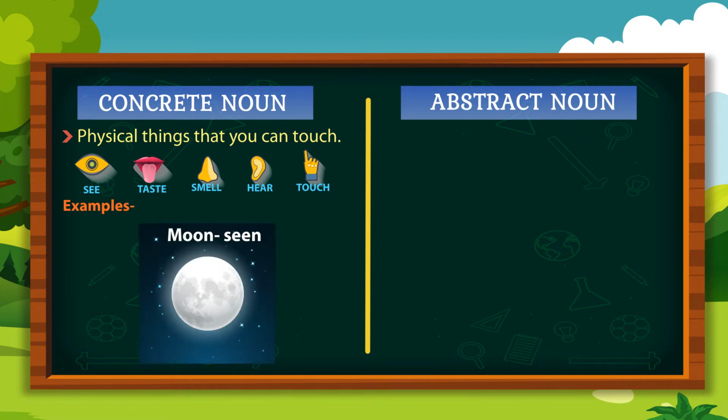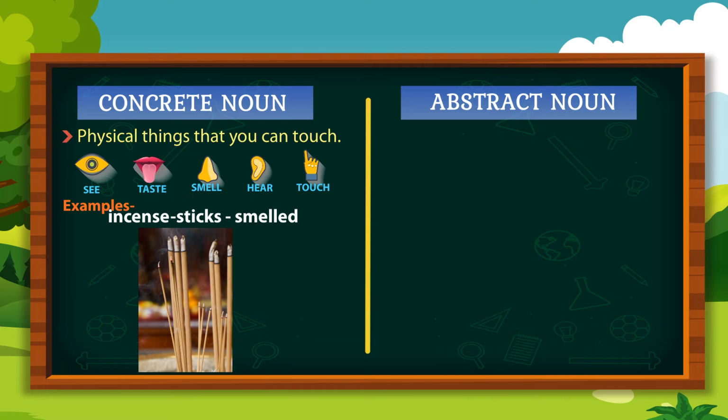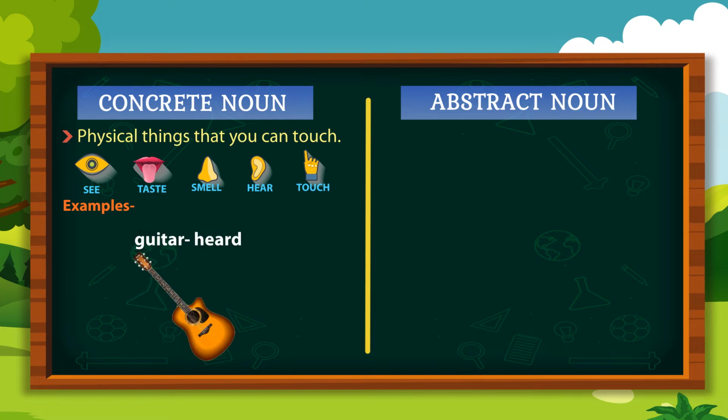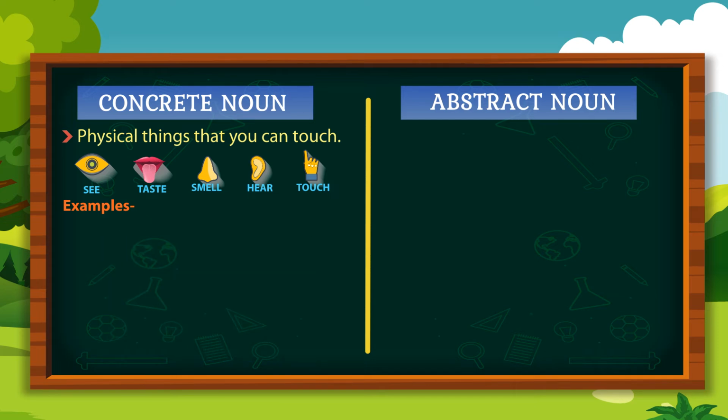For example, a moon can be seen, noodles can be tasted, incense sticks can be smelled, a guitar can be heard, rain can be touched. So, moon, noodles, incense sticks, guitar, and rain are concrete nouns.